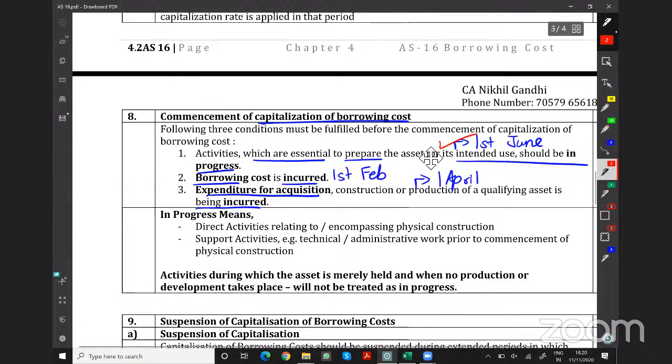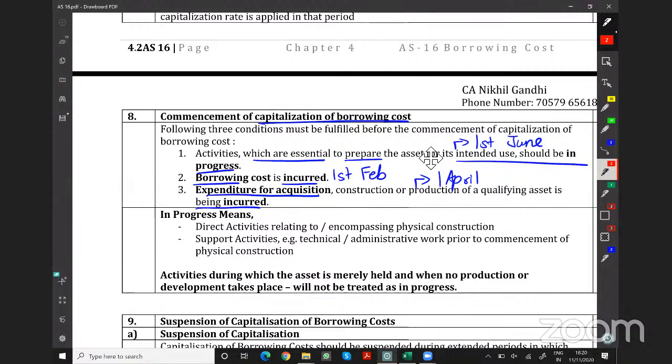See, in case of 1st of February, only the second point is met, the borrowing cost is incurred. But there was no activity nor any expenditure incurred on my qualifying asset. In case of 1st of April, borrowing cost is incurred, yes. Expenditure is done, yes. But is there any activity relating to the asset? Not yet. So this date should also not be considered as the start date for capitalization.